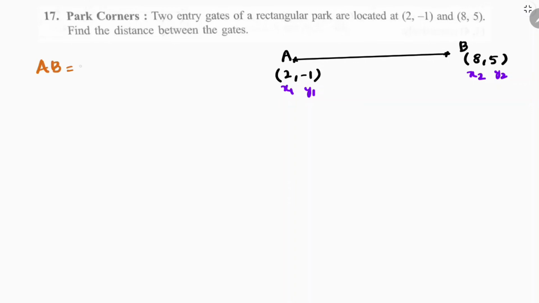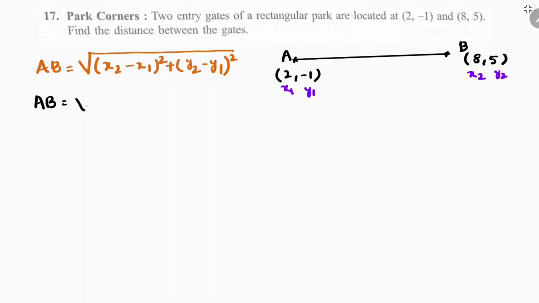So AB, the distance formula is under root (x2 minus x1) whole square plus (y2 minus y1) whole square. Now if I substitute the values to find the distance between AB, x2 value is here 8 minus x1 is 2, whole square. y2 is 5 minus y1, which is minus 1, so minus of minus will be plus 1.